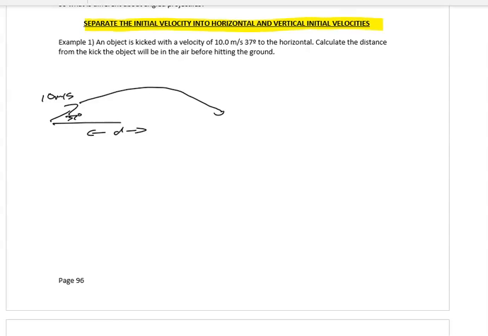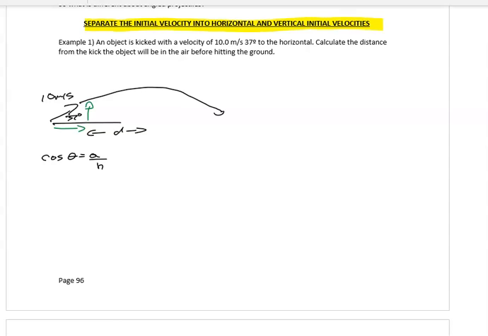The key thing here is we're going to need to break this up into horizontal and vertical components. So let's start with that. If we're trying to find the horizontal, the x component, we're going to be using cosine, because cosine of an angle is equal to adjacent over hypotenuse.